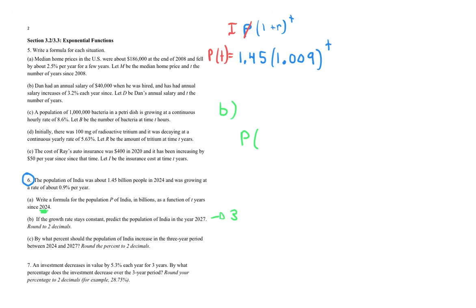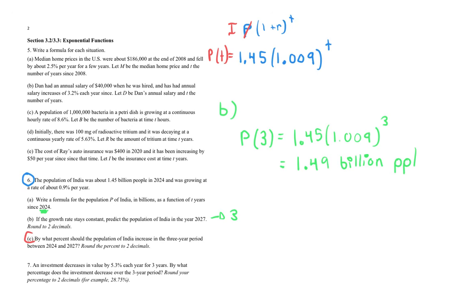So we're going to have P of 3 is equal to 1.45 times 1.009 to the 3, which is equal to 1.49 billion people.